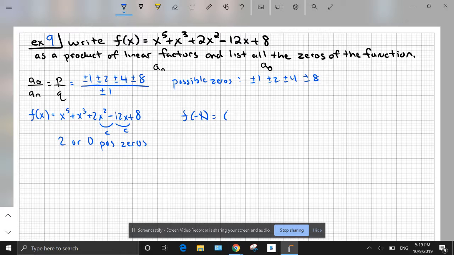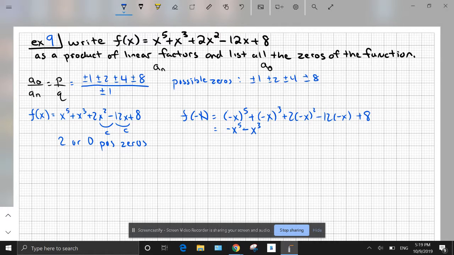Now if we check our negative, so this should be f of negative x. We have negative x to the 5th, and then a negative x cubed.